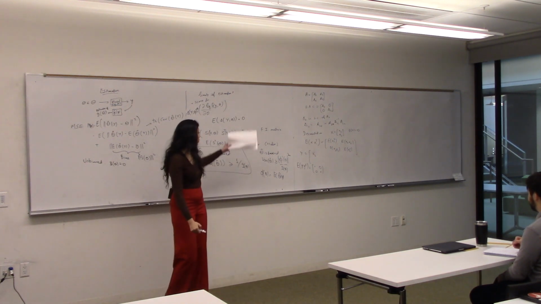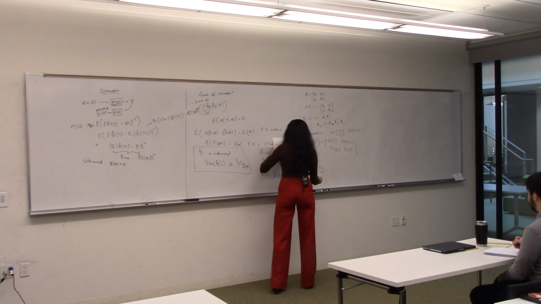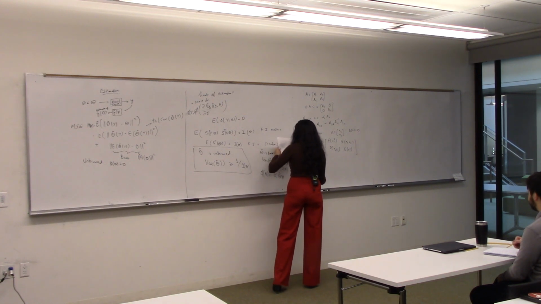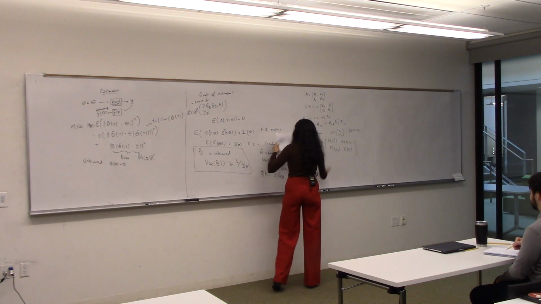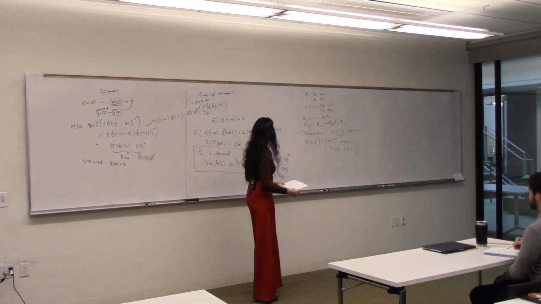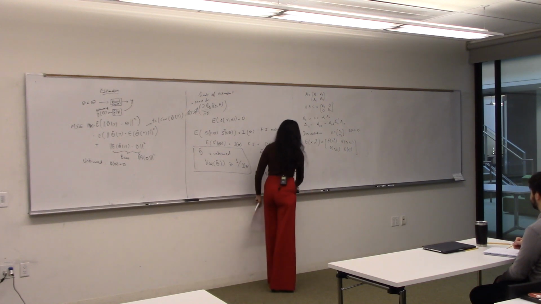So I can use the Schur complement trick, and I can decorrelate this by using this transform. I won't write this down, but the main idea is this Schur complement.